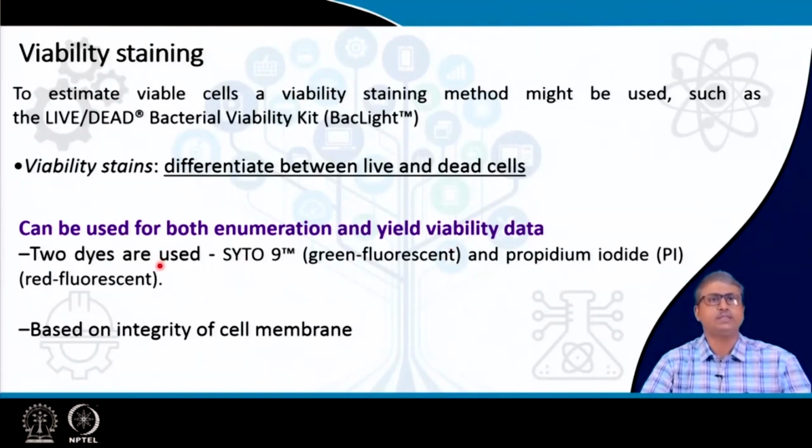The two common dyes used are Cyto9, which is a green fluorescent dye, and propidium iodide, or PI, which is a red fluorescent dye, and it uses the concept of the integrity of the cell membranes.